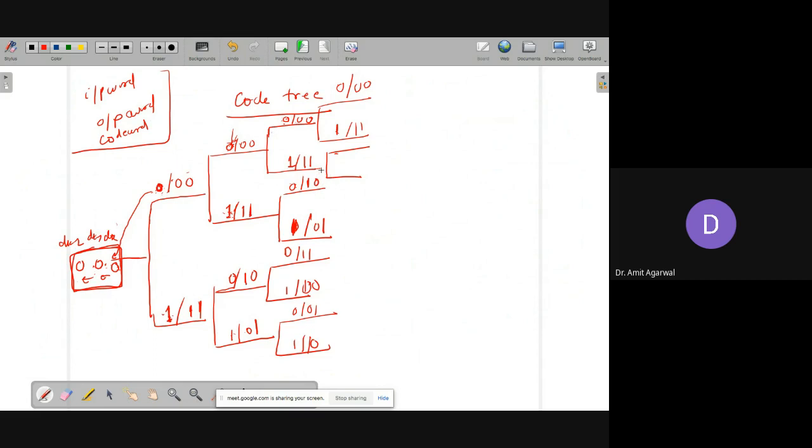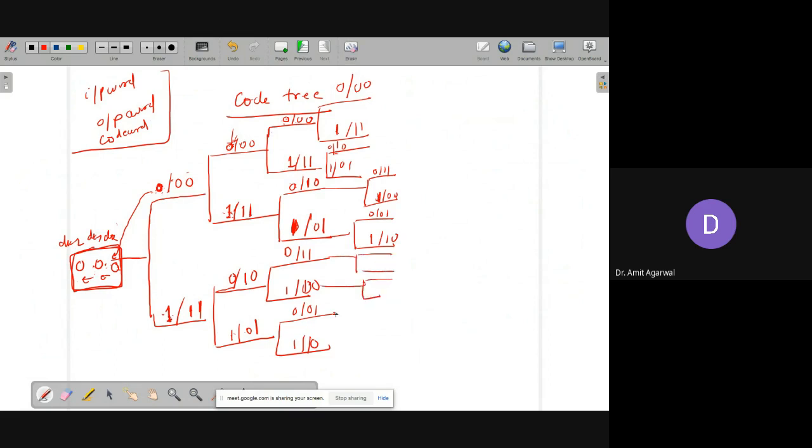So you will see that in this way you can make this whole tree. 0 0 1 1 1 0 0 1, 0 1 1, 1 0 0, 0 0 1 1 1 0.